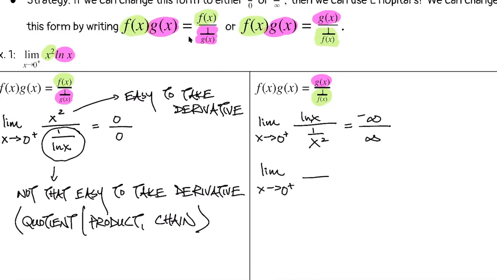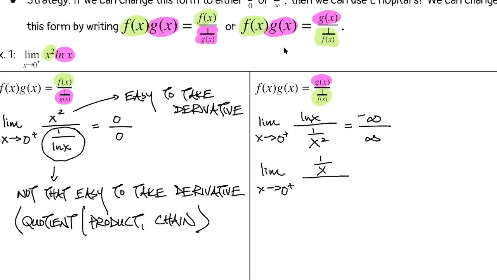So derivative of the numerator. What do we get for the derivative of the numerator? One over x. Now, what rule do I need to take the derivative of the bottom? Power rule.